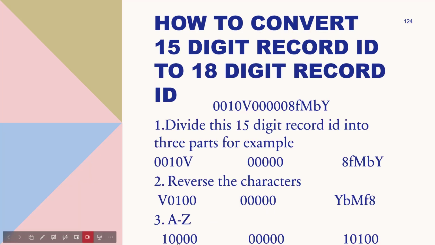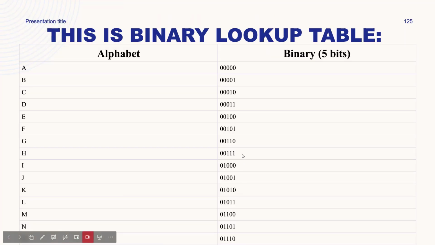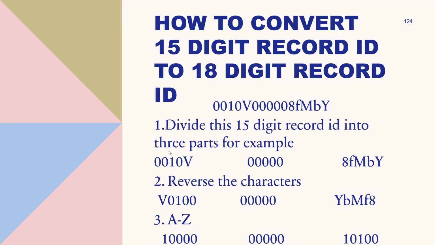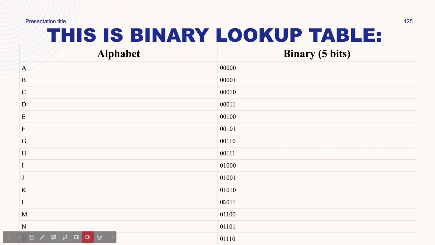For the first term 10000, we search the lookup table for 100. In this there is no 100, then move to the next, and here is our 100, that is Q. So we assign 100 to Q.